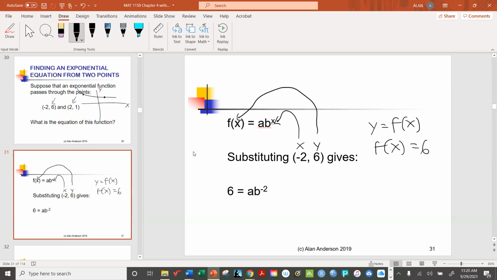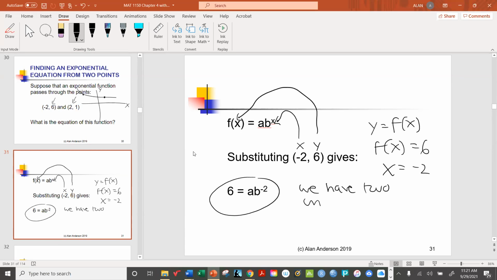And we're also being told that x equals -2. So this is what I end up with. Now you notice there's a problem here. We have two unknowns, but only one equation. So can we do this? No. So here's what we have to do.